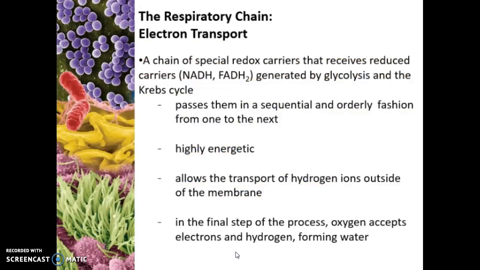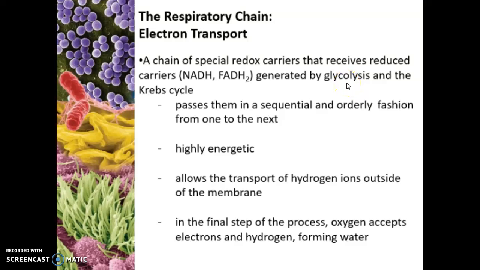The electron transport chain is a series of proteins, a chain of special redox carriers, those reduction and oxidation reactions, that receive the NADH and the FADH2 molecules that have been generated by glycolysis, the transition step, and the Krebs cycle.